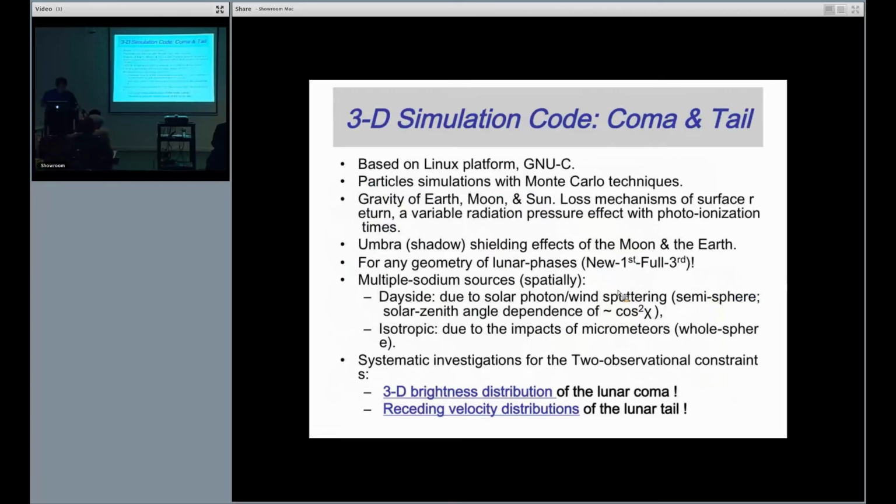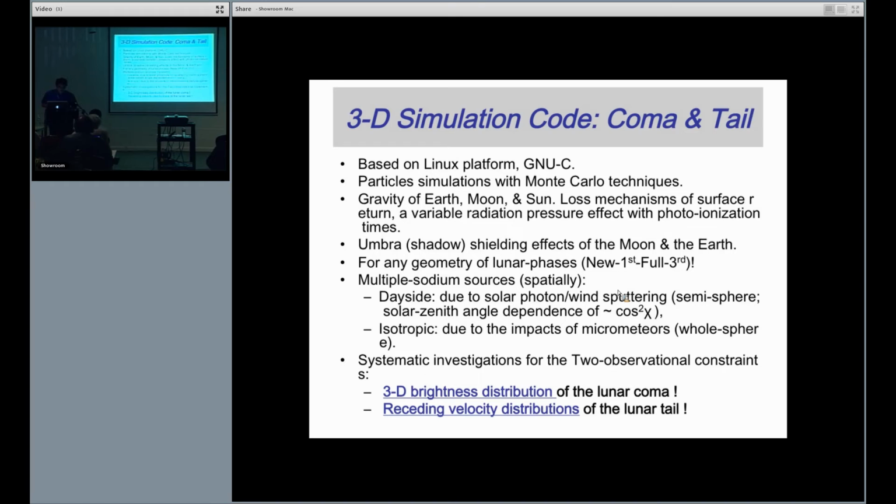So here are some features of our simulation code, which can simulate the lunar coma and the tail. This is a particle simulation with Monte Carlo techniques, including all major gravity sources and the three major loss mechanisms. It also includes the umbra shielding effect of the Moon and even the Earth, and it can be applicable to any geometry of the lunar phases.